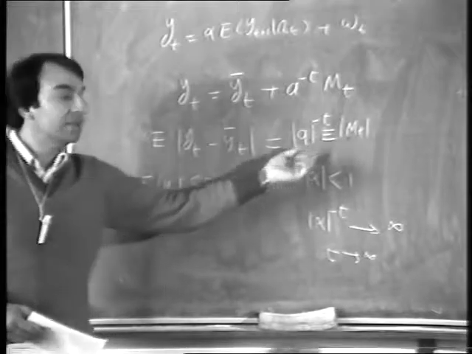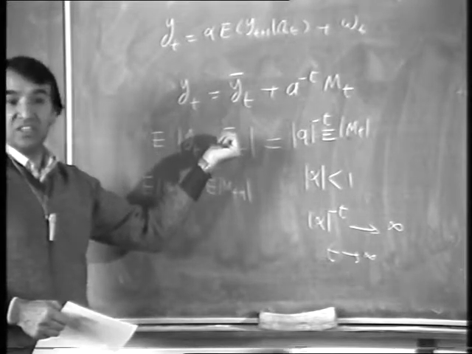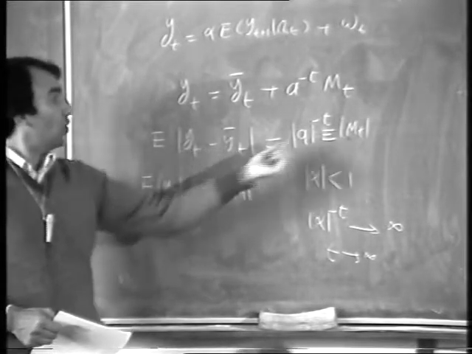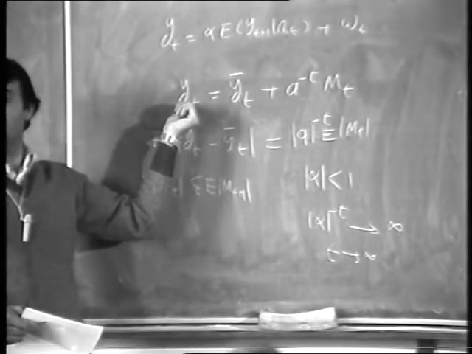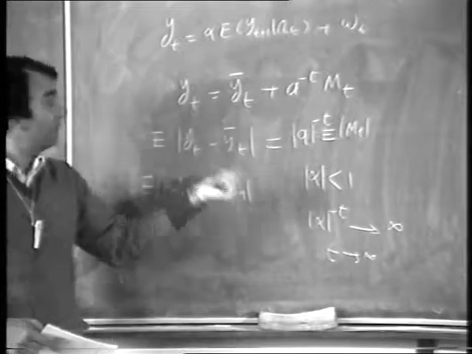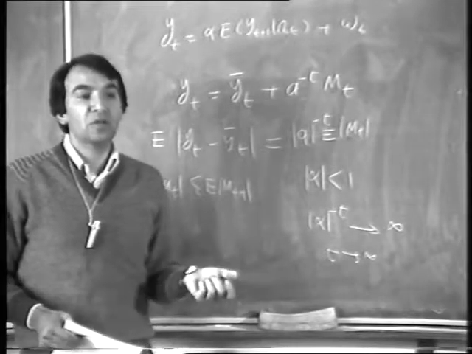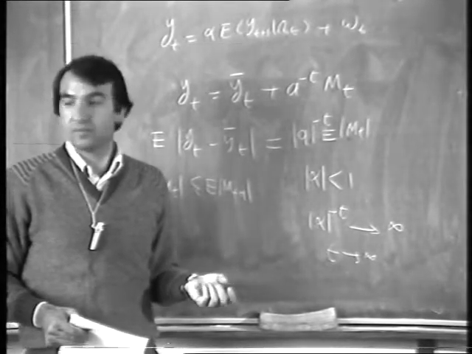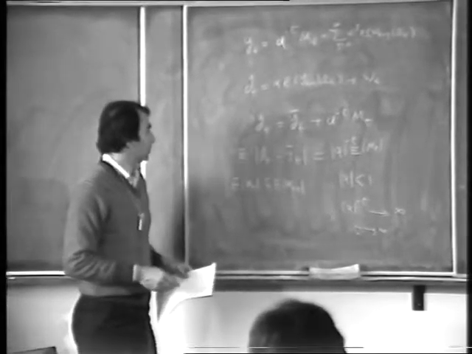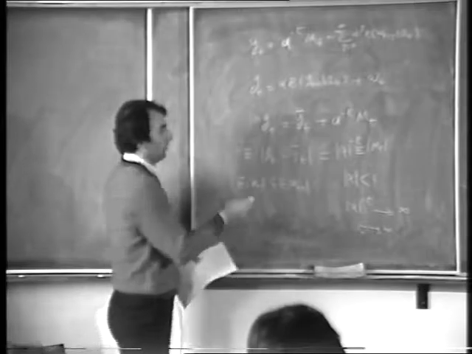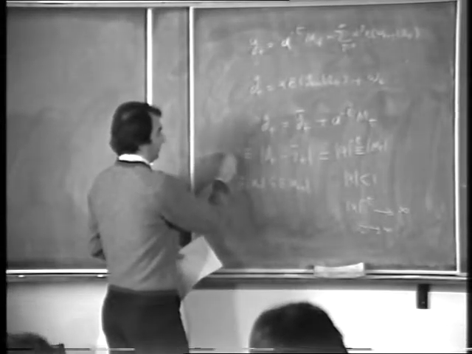So if y_t is stationary, the new solution would also be stationary only and only if the expected value of M_t is equal to 0 for all time t. You can even write it in a more rigorous way.